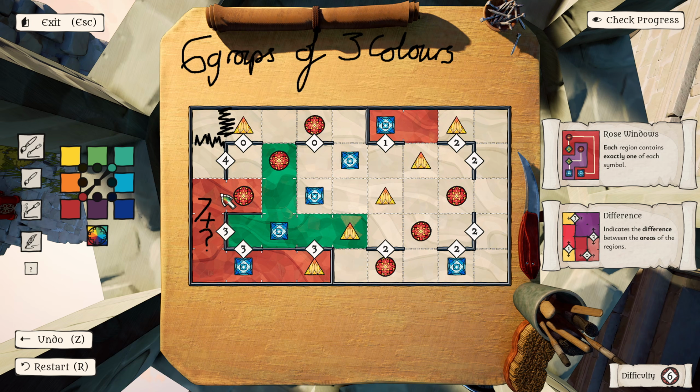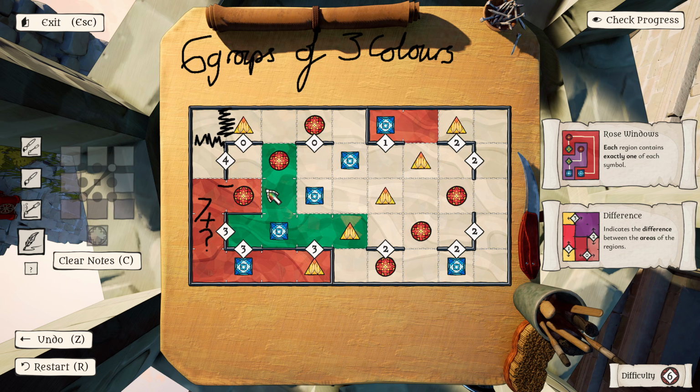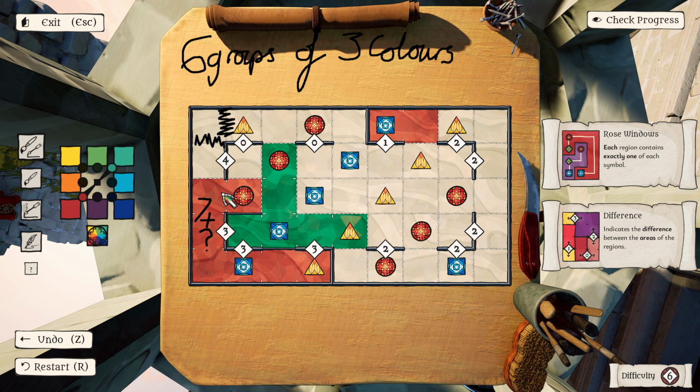Also, now I'm terrified because we have the red region and the green region. The red region is 3 different than the green region. If I bring the red region up, then the red region now has to be 4 different than the green region. And it can't be true that it's 4 different and 3 different at the same time.